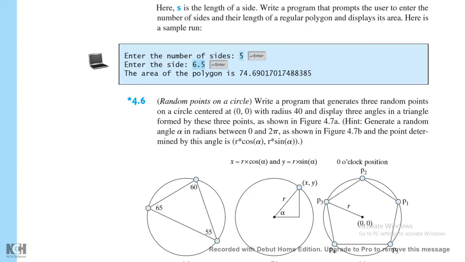So they also gave us a hint which simply says generate a random angle. This is not theta, but anyway, a random angle in radians between 0 and 2 pi, as shown in figure 4.7b.